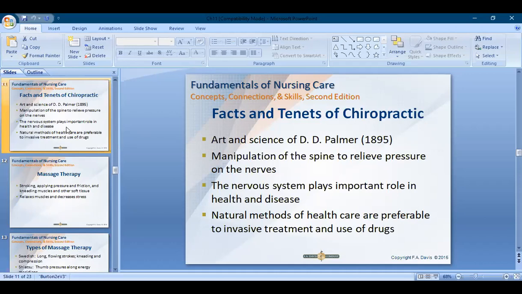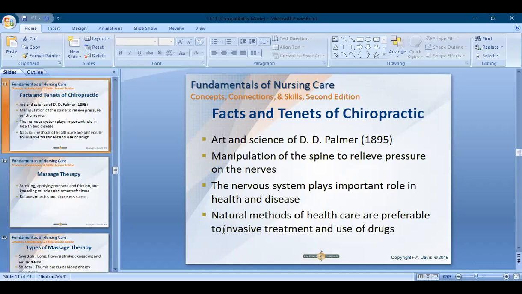And the nervous system plays an important role in health and disease. Yes, it does. The central nervous system is the most important factor in disease. And also natural methods of health care are preferable to invasive treatment and the use of drugs. But all the time it's not possible, right?